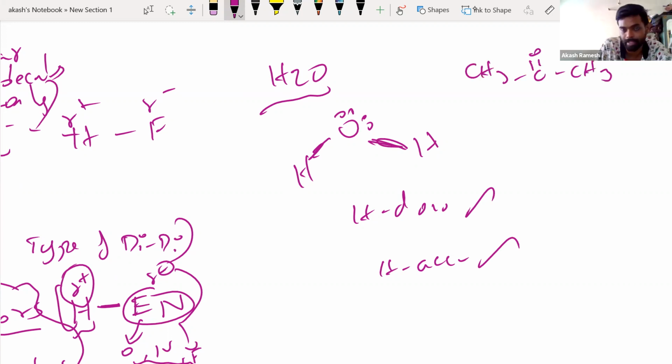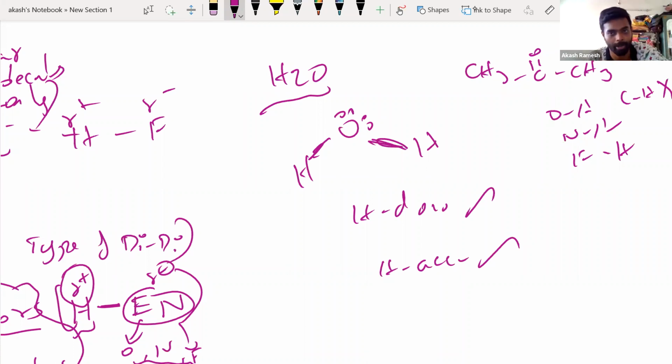This is acetone. Now, can this act as a hydrogen donor? No, sir. Why? Because obviously there is no OH bond or NH bond or FH bond. None of them are there. Only a CH bond is there. That cannot be involved in hydrogen bonding.